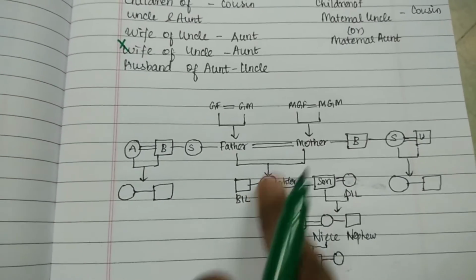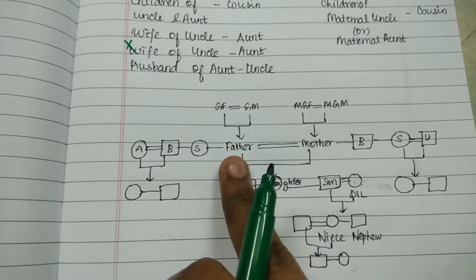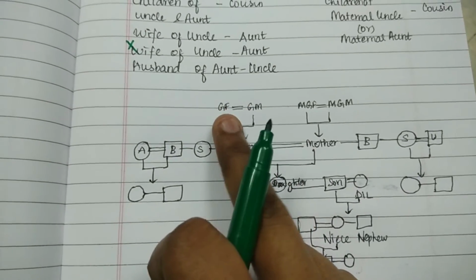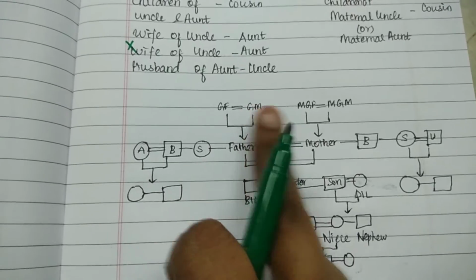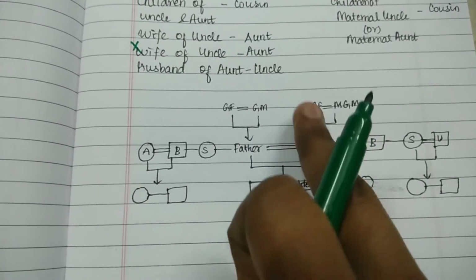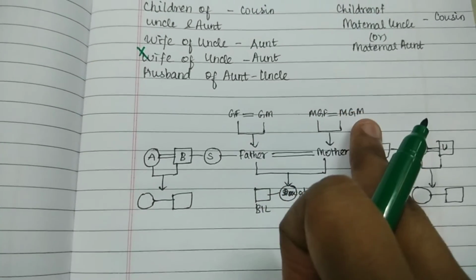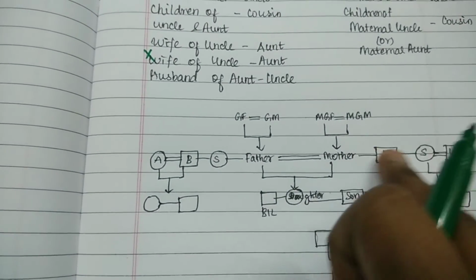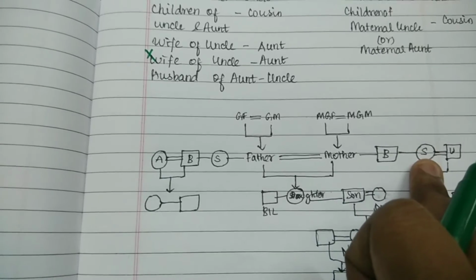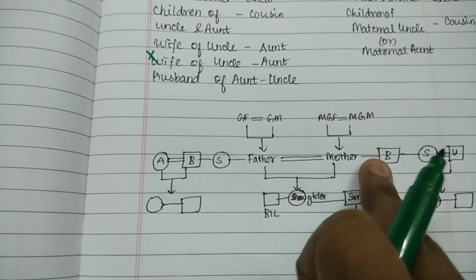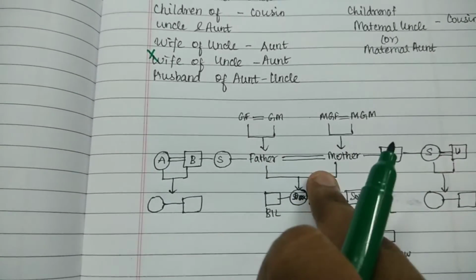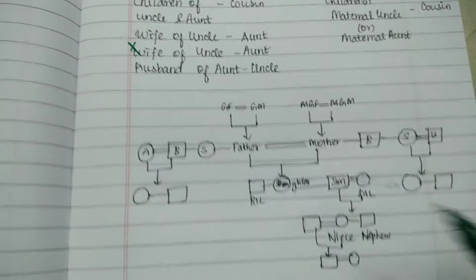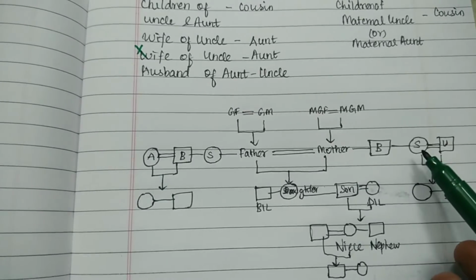So let's assume I am here. I have a father and mother. My father has a father and mother, so I call them grandfather and grandmother, and on my mother's side I call them maternal grandfather and maternal grandmother. Now my mother has a brother and a sister. Later we will see what symbols we have to use in relationships. For now, let's just try to understand.